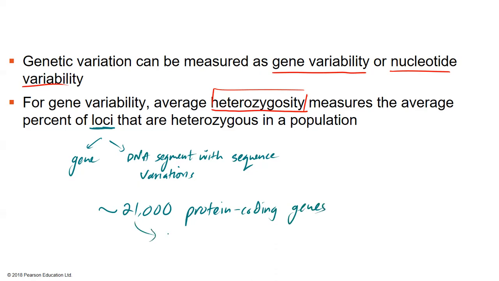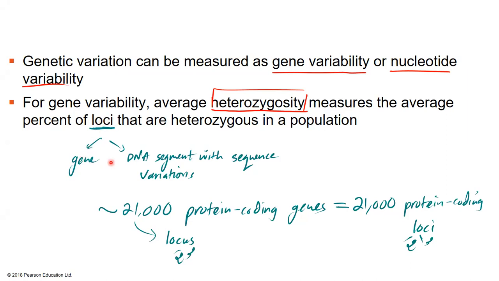Each one of these is considered a locus, so these equal 21,000 protein coding loci. Loci is the plural of locus. So when we talk about loci, we mean genes or DNA fragments or DNA sequences that are different among different individuals. There are some differences in their sequences.